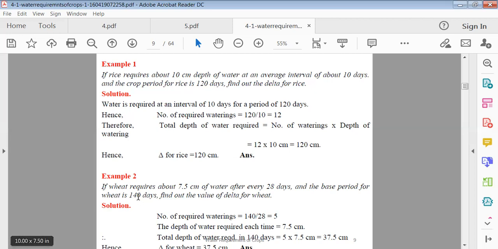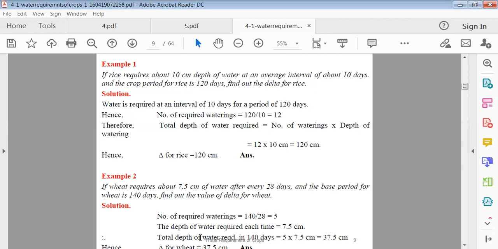Total 140 days. Now let us calculate the number of required waterings. The number of required waterings is the total base period divided by the interval, that is 140 divided by 28, which is equal to 5. The depth of water required each time is 7.5 centimeter.